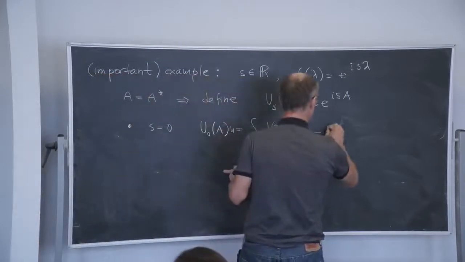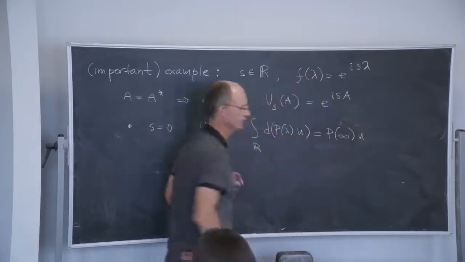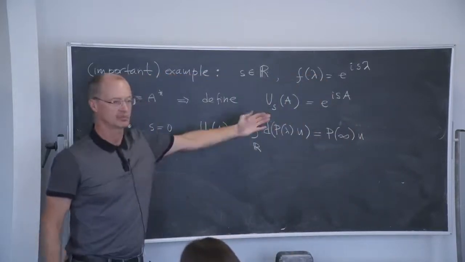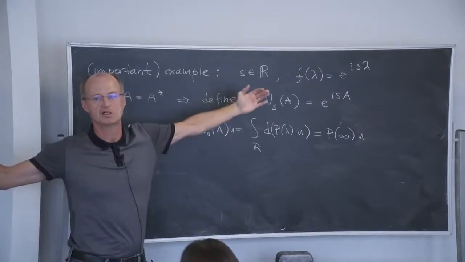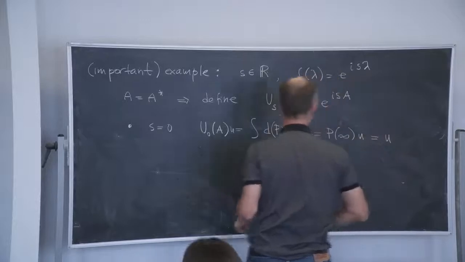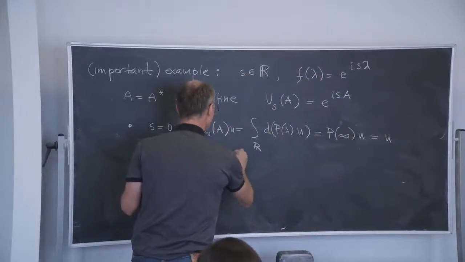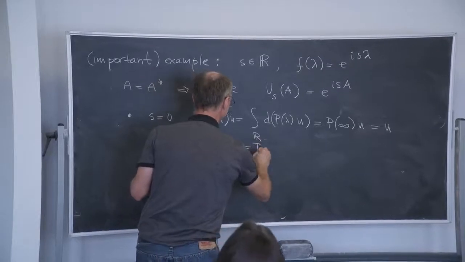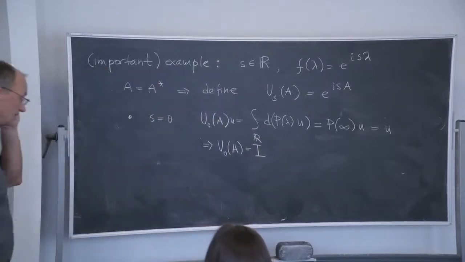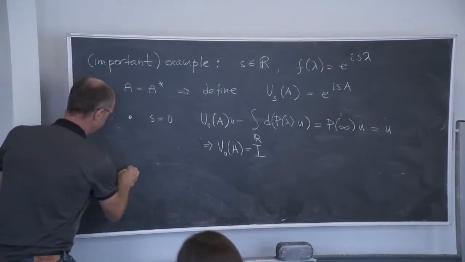And this is the same as P of infinity u, that is, P of the whole real line acting on u. And that's the identity operator, right? So for all operators A, U_0 of A is simply the identity.